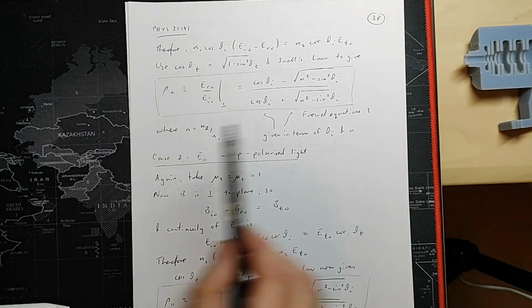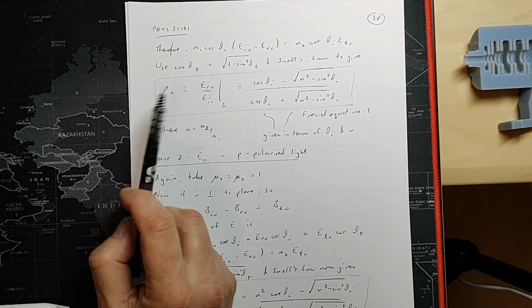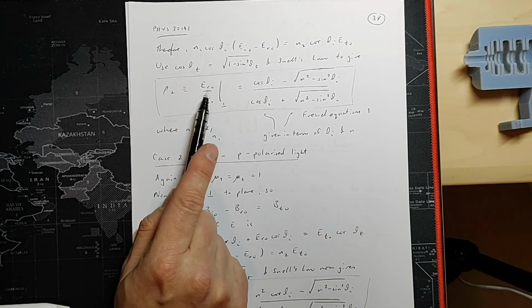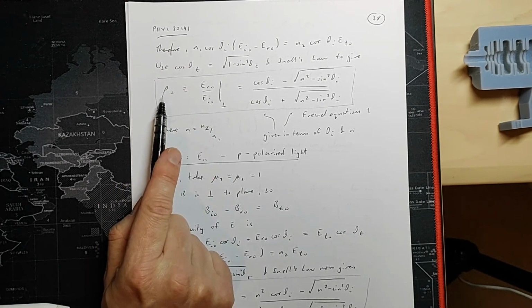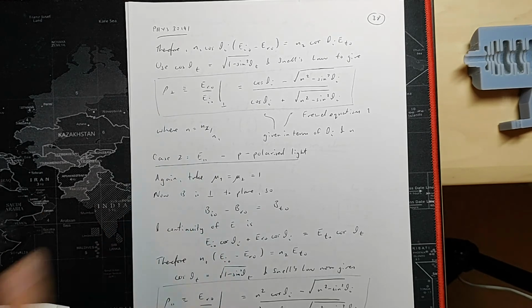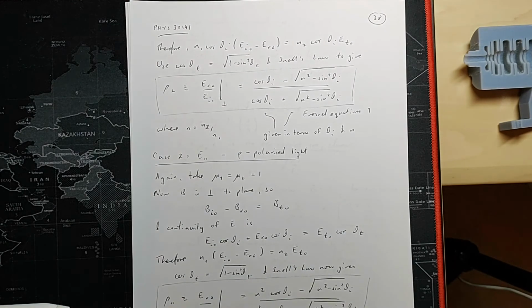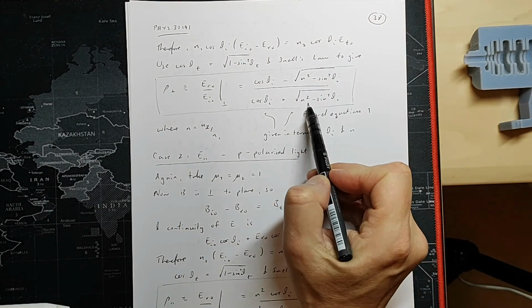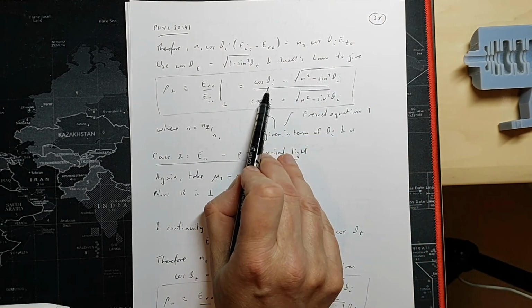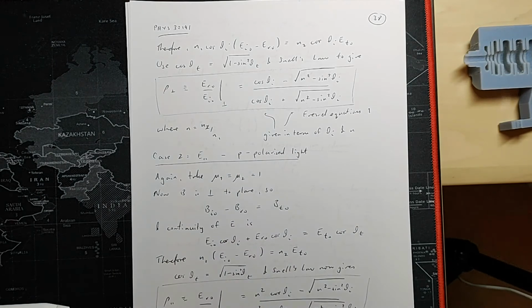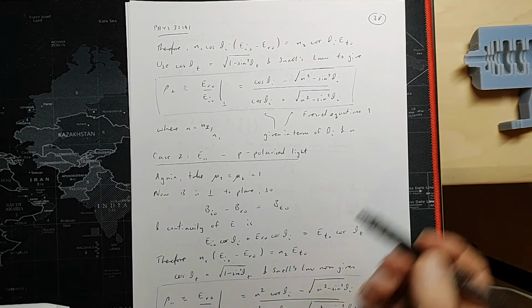But this is obviously a useful form because it allows us to calculate the magnitude of the electric field. So obviously the reflection intensity goes as rho squared. I can write down the magnitude of the electric field in terms of the ratio of the refractive indices and the angle of incidence. Now obviously I can do the same thing for the transmitted component, but that's not shown here.